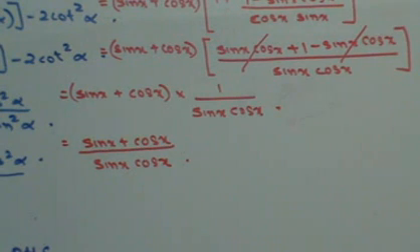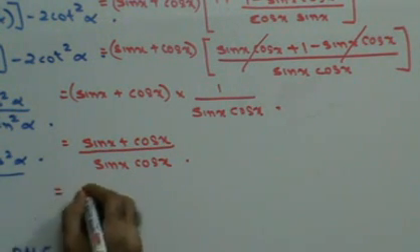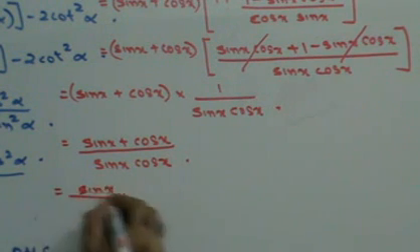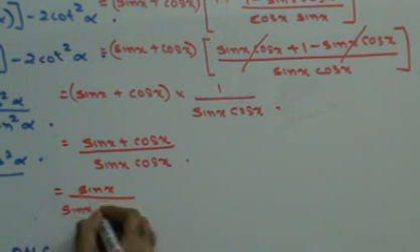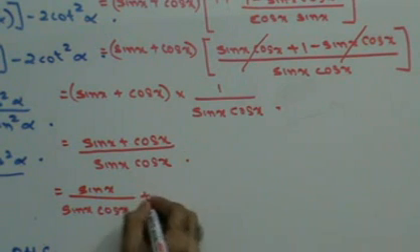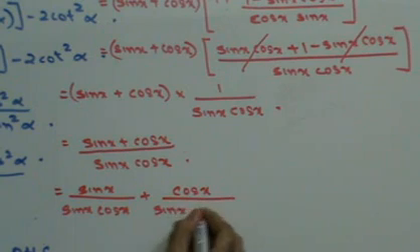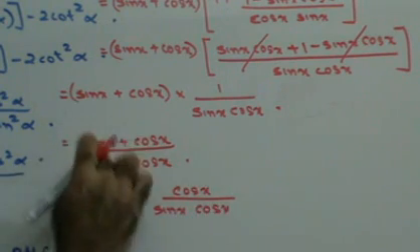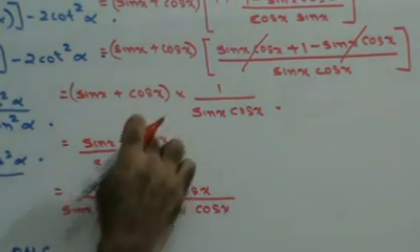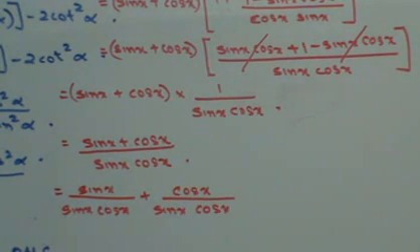Split the numerator. If I split the numerator, this will become sin x upon sin x cos x plus cos x upon sin x cos x. With the first numerator I get the denominator, with the second numerator I get the denominator.